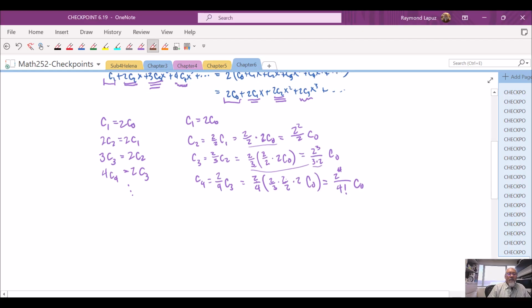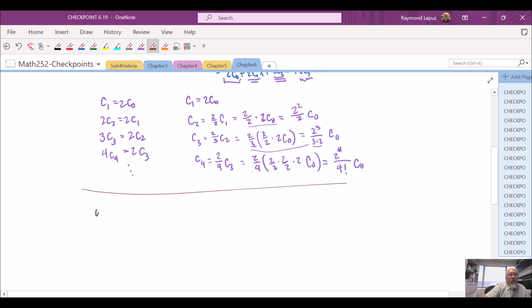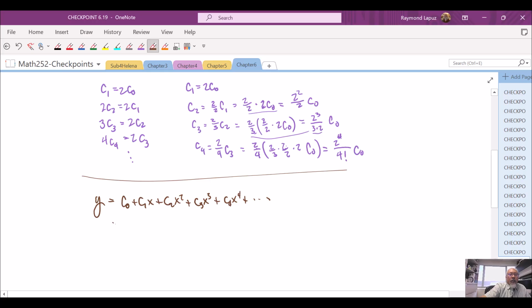All right, so now we can have our y. Let me rewrite y again. That's C sub 0 plus C1x plus C2x squared plus C3x to the third plus C4x to the fourth plus dot dot dot. All right, we have C sub 0. Well, there's nothing to change there.